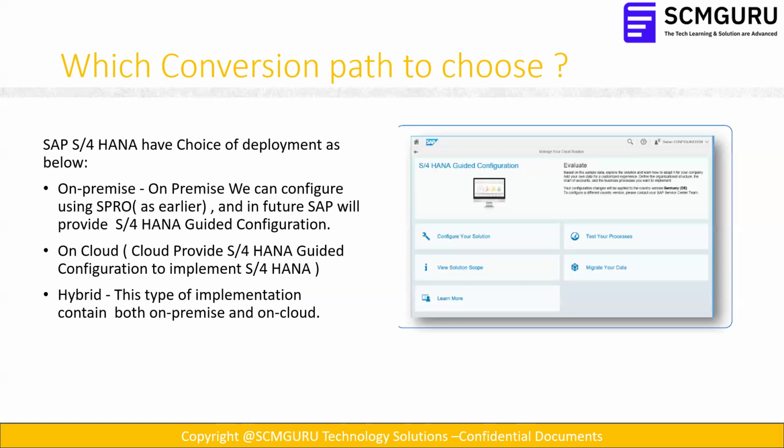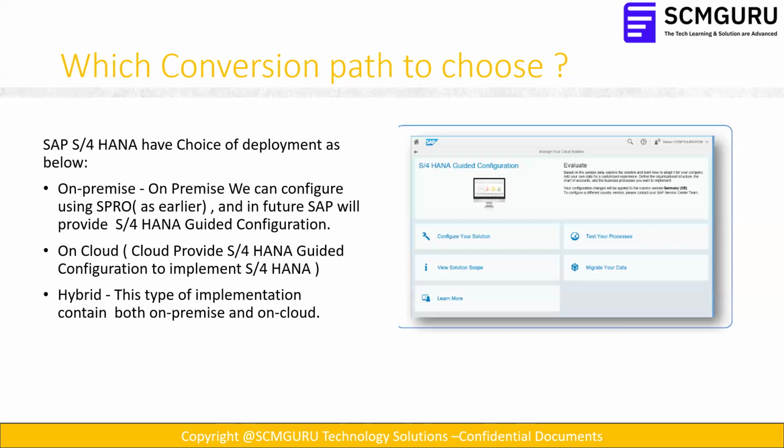On cloud, we have private cloud and public cloud. SAP gives on-cloud solutions to customers. Customers can go for any cloud services, like Azure or Oracle, IBM Cloud, and Amazon Cloud, AWS Cloud.